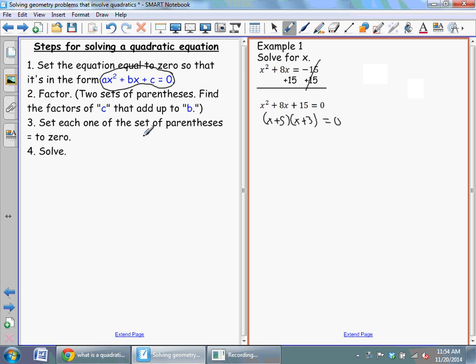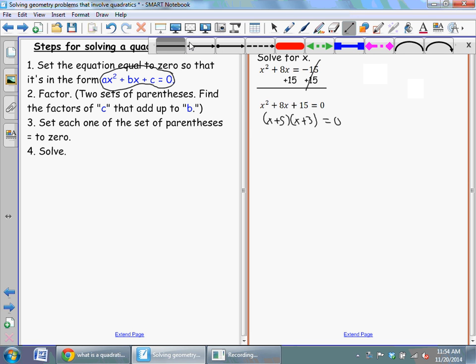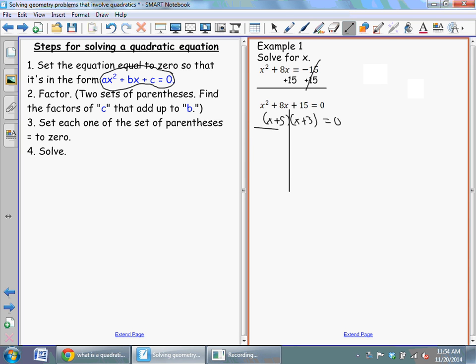Step 3 says set each one of the set of parentheses equal to 0. So I'm just going to split these here like that, and write x plus 5 equals 0, x plus 3 equals 0, and then I'm going to solve for x. Minus 5 on both sides.